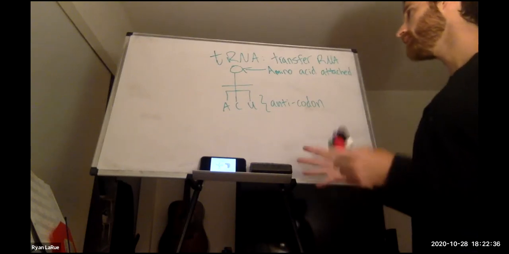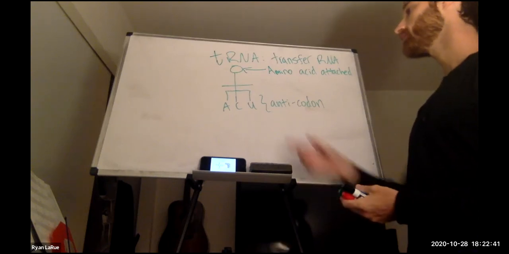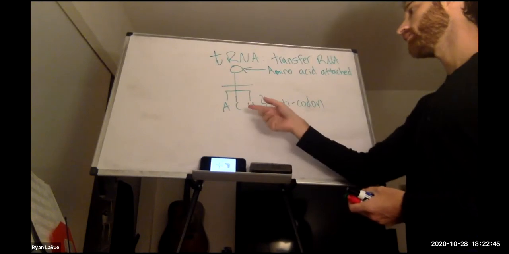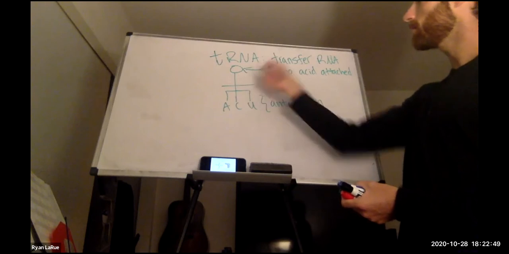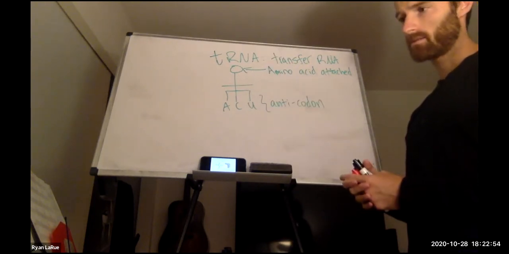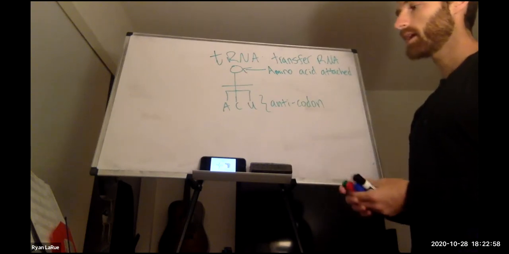And there are many tRNAs, and they all have a specific anticodon, a 3-letter sequence, with a specific amino acid attached. Eventually we're going to look at what I mean by that.